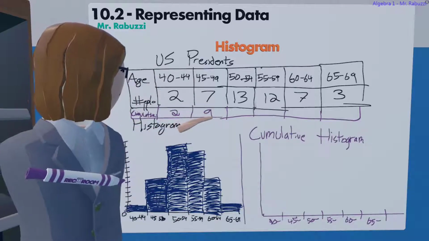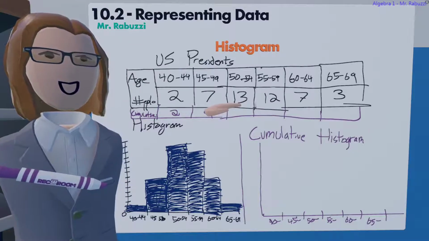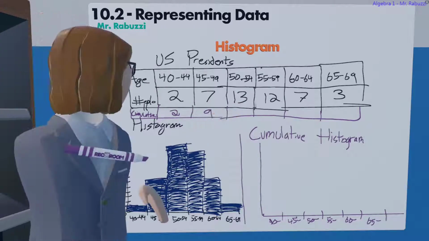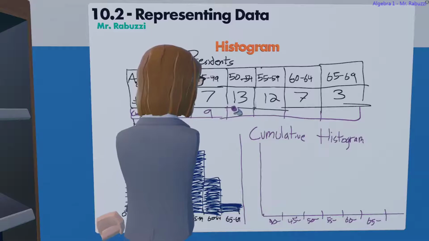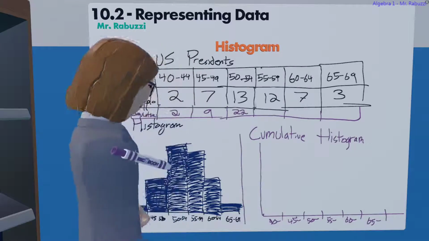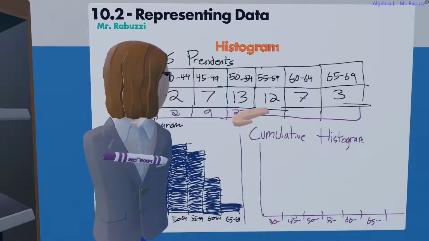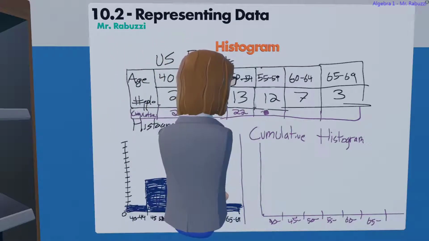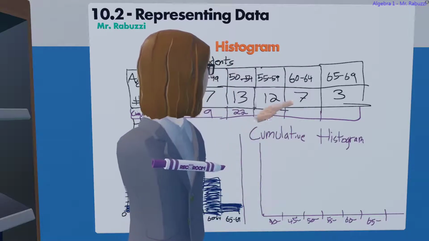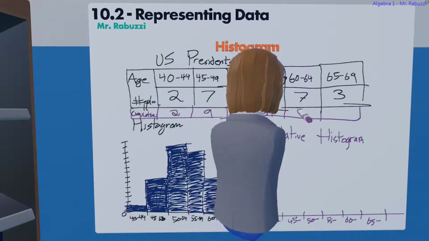Now we need to do 9 plus the next one, 13. So 9 plus 13, that's 22. Now you see the pattern? So we take 22 plus 12, that's 34. Then we do 34 plus 7. Well, that's 41.